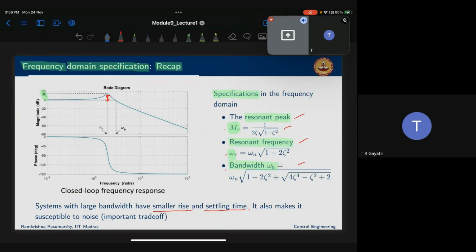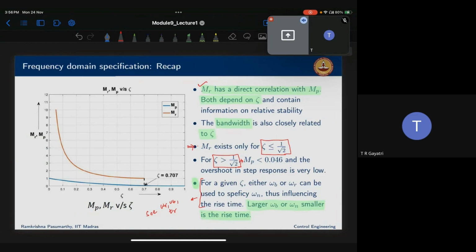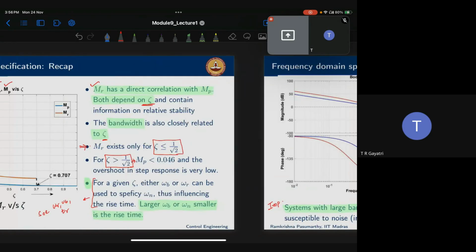The resonant peak mostly depends upon zeta only, and the bandwidth is also closely related to zeta. So if you see the relationship between the resonant peak and the peak overshoot, somehow they are interconnected.